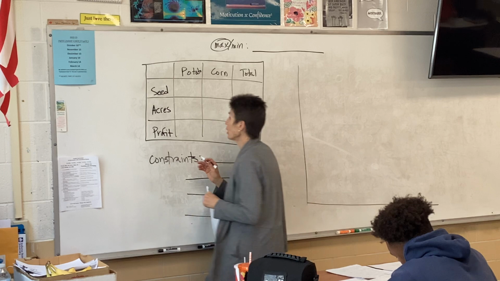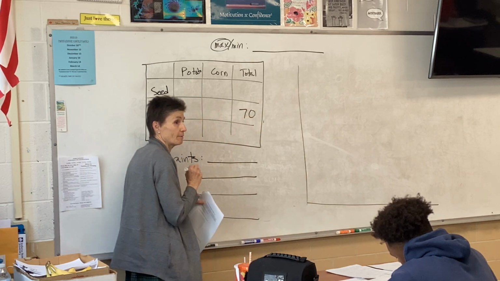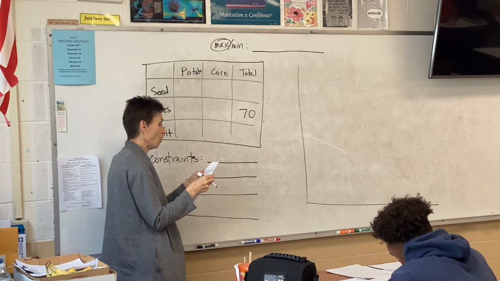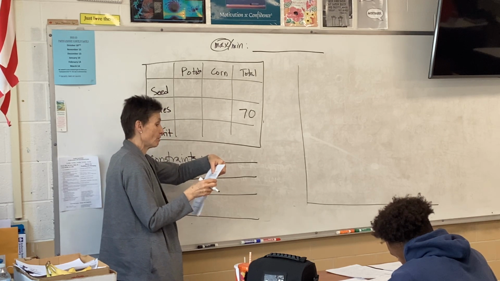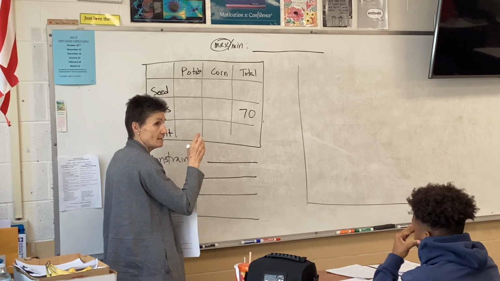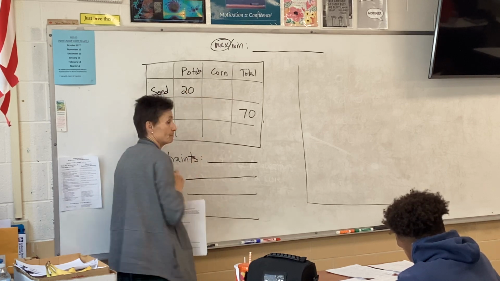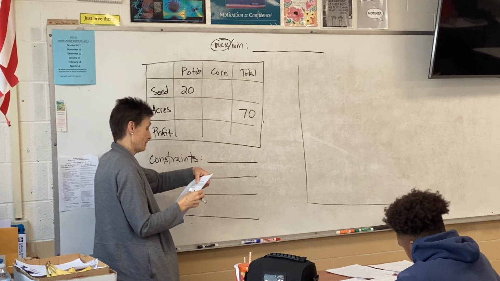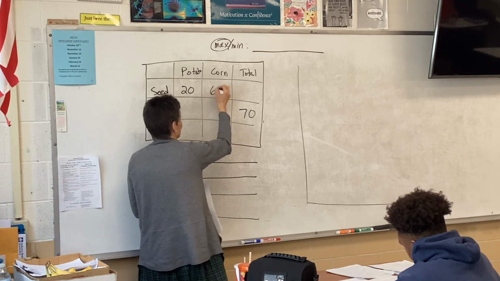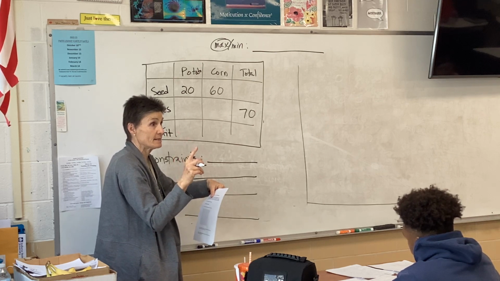So look at your chart, the way I have it set up, total acres. I hope you put the 70 there. Okay? The seed costs $20 an acre for potatoes. So potato seed is $20. Corn seed is 60. And the total seed is 3,000.